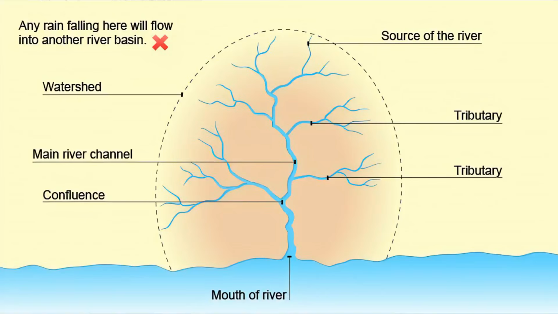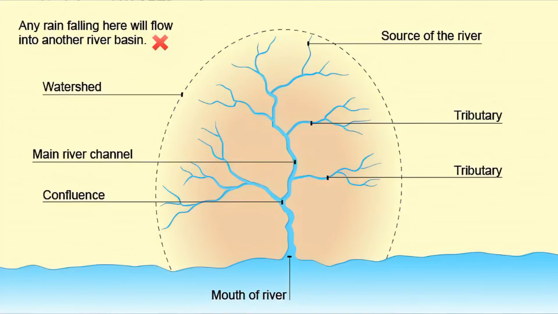You can see those tributaries in the diagram are flowing into a main river or main channel. You can see the main channel, right? Yes, that's a main river.